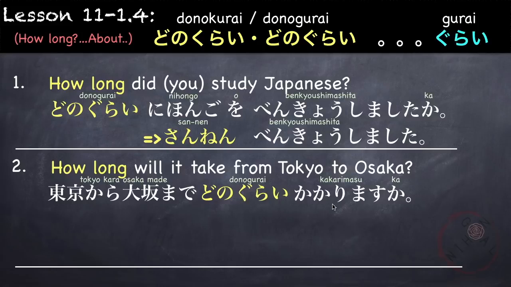東京から大阪までどのぐらいかかりますか? For example, by registered mail, 書き留めで. Registered mail is 書き留め.